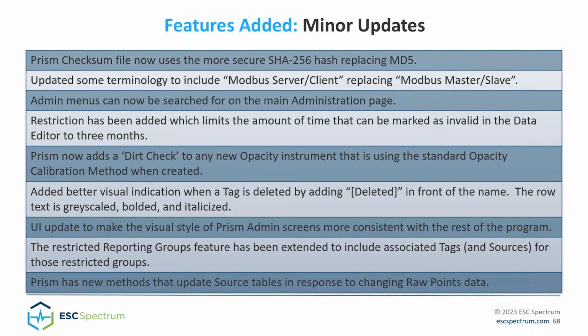We have a search in the administration page, so if you can't remember where the monitoring plans page is, you can just type monitoring into the search and find what you need. We added restrictions for invalid data, so setting a time span for the invalid data is limited to 3 months.